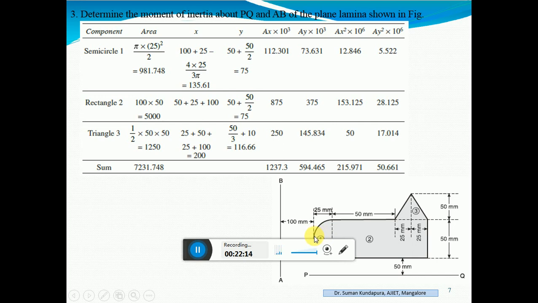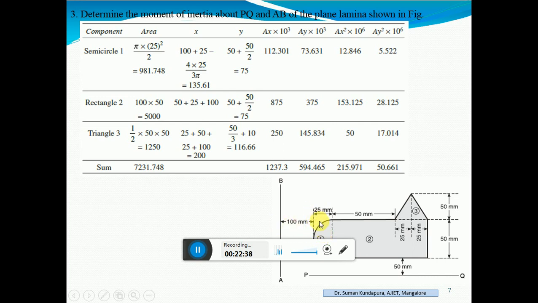But we don't have a direct formula for this distance of the CG. But we have got the formula for this distance. If any semicircle is there, then from this point to this point, it is 4r by 3 pi. So what will I do?